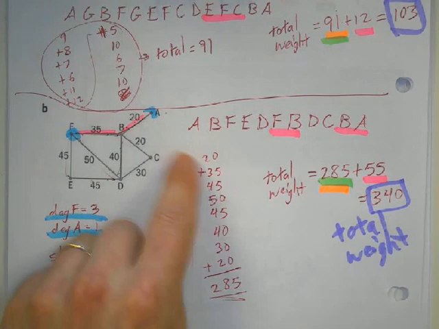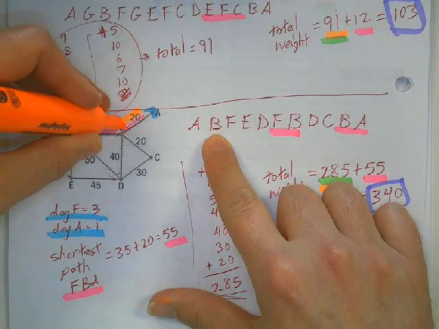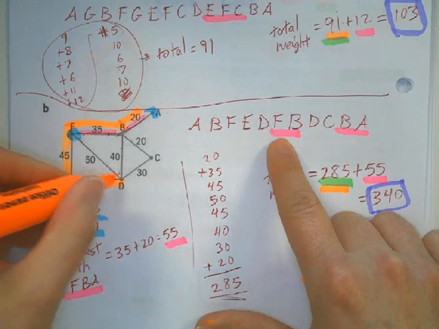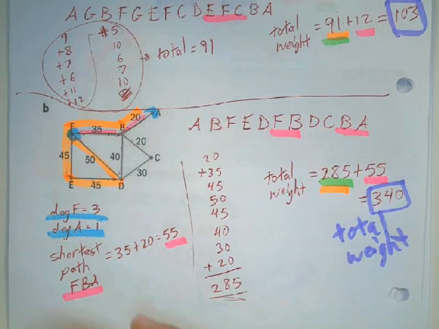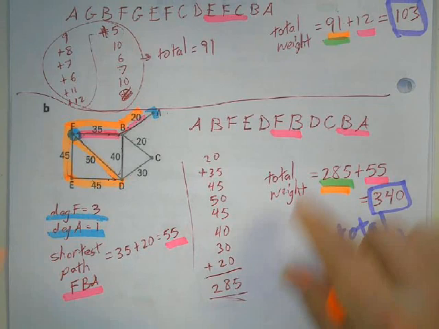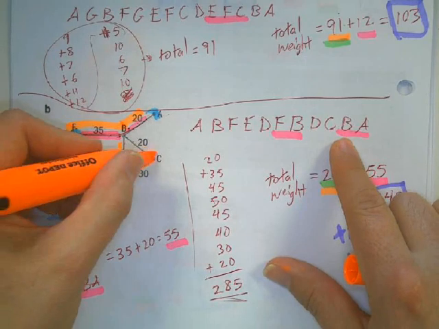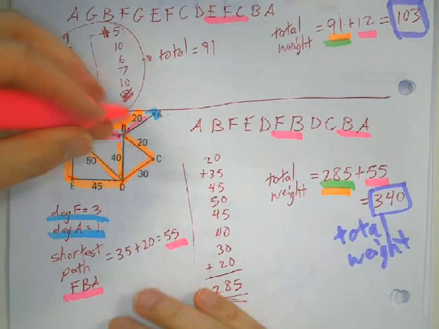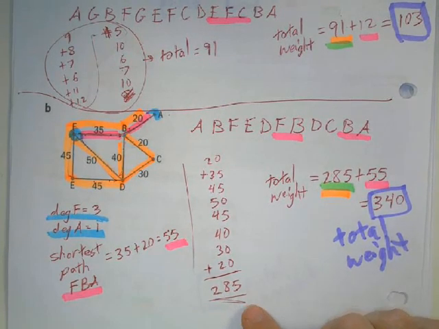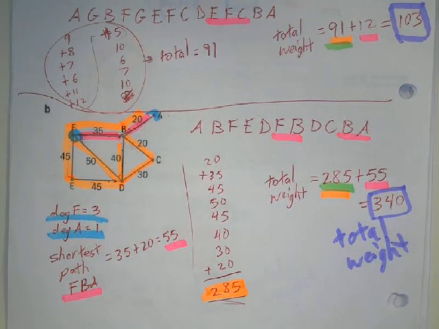When I went through this, I chose, I could go from A to B to F to E to D to F, and then duplicated the FB, and then to D, then to C, then to B, and then I duplicated the A. Okay, add it all together. We got 285, and then added our extra short path. There's our total weight.